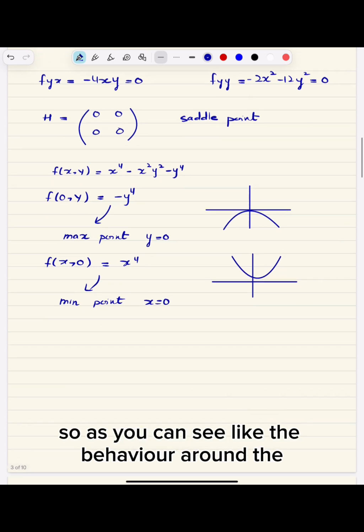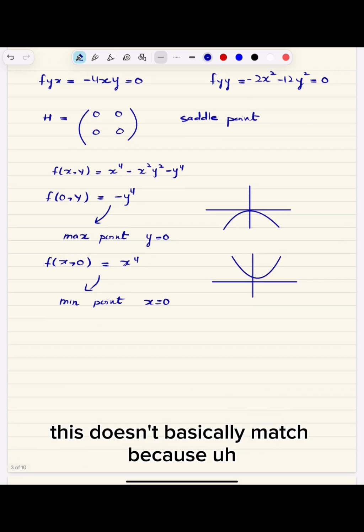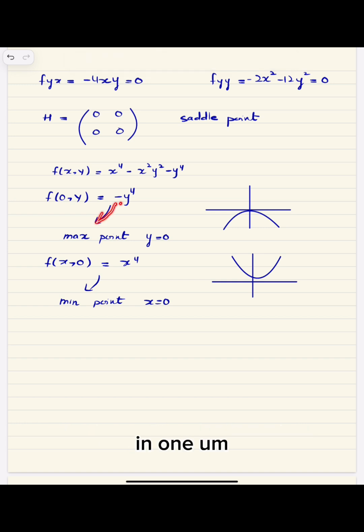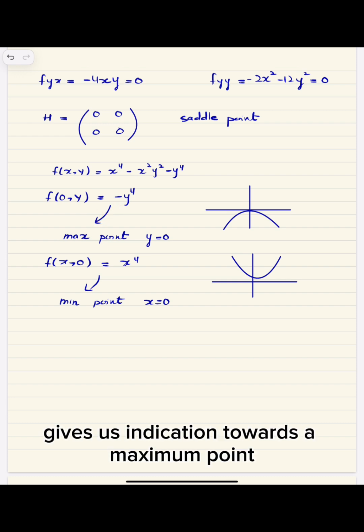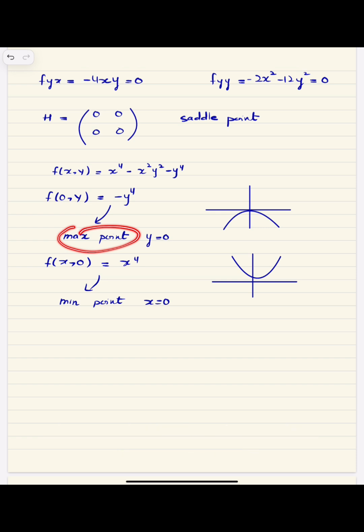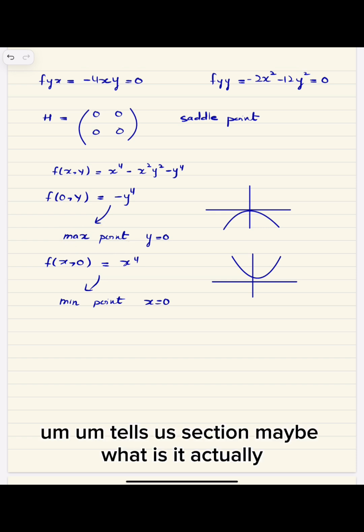So as you can see, the behavior around this doesn't match, because one contour gives us an indication towards a maximum point, and another tells us otherwise. Let's talk about sections.